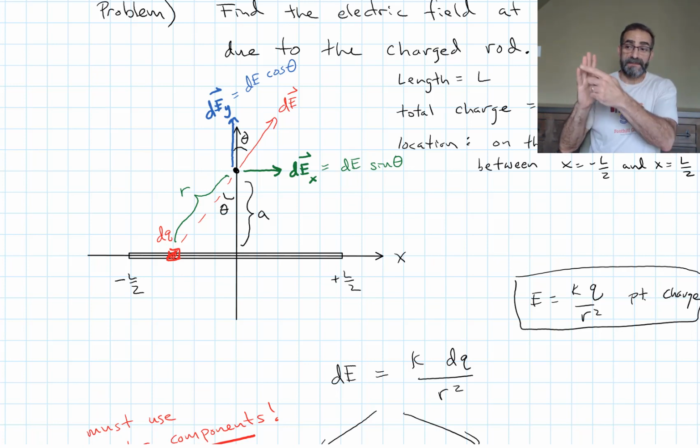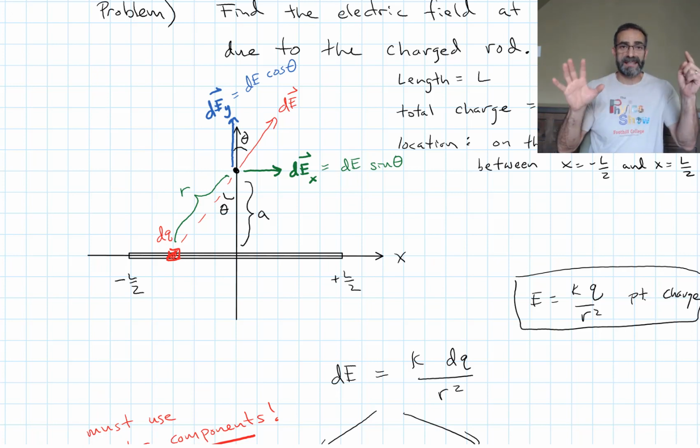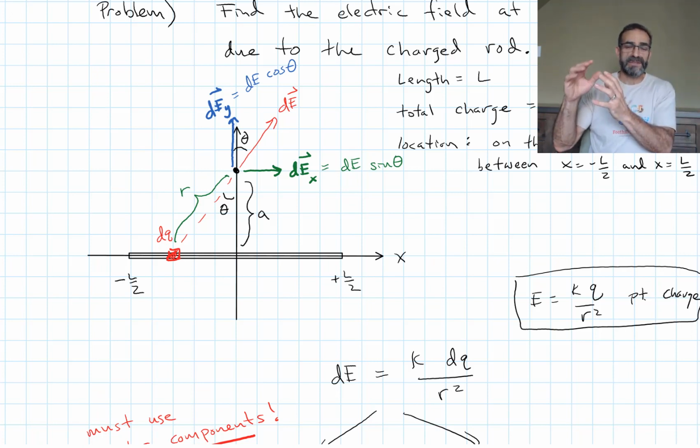We'd have to add up every little bit of charge, and it's a two-dimensional charge distribution, so that becomes a double integral. What if we had a sphere uniformly charged throughout its volume, and we wanted to find the electric field at some point outside the sphere? We would have to do a triple integral, because we'd have to add up all the little dQs, and we'd have to go in the x, y, and z orientation to get all of them. It would be a triple integral.